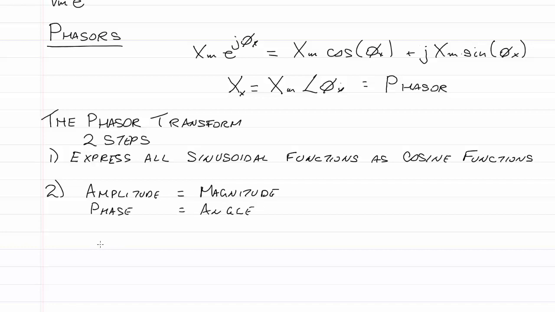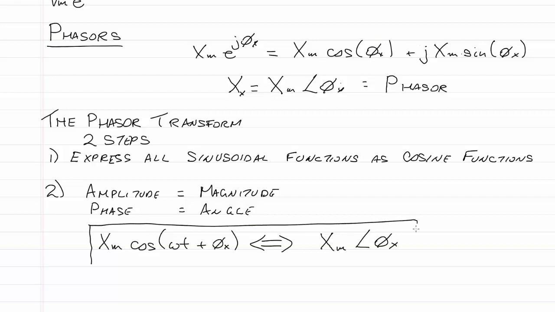What we would write is that xm cos(omega t plus our angle) transforms into a magnitude xm at angle x. This is our phasor transform, and the reverse operation is known as the inverse transform.